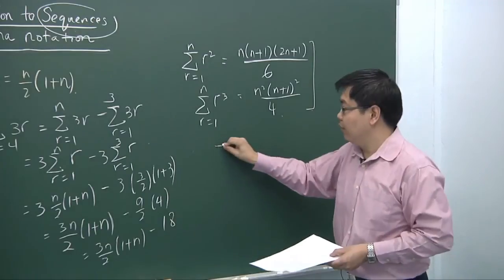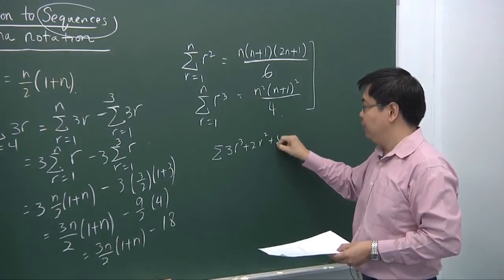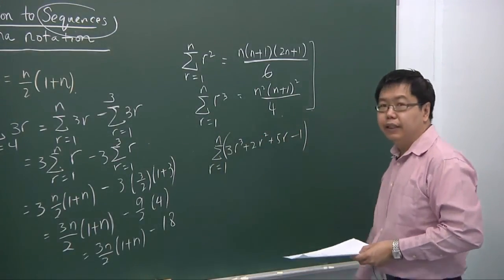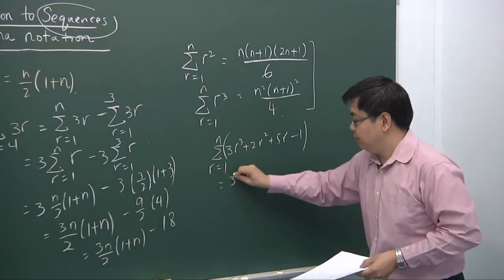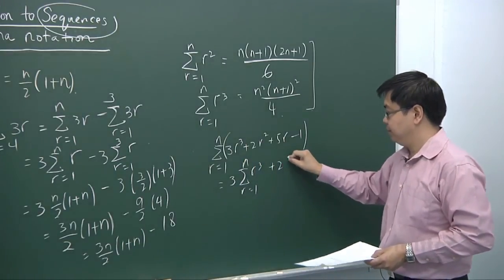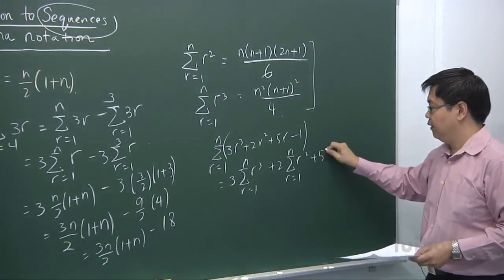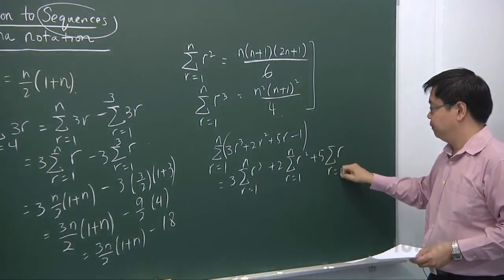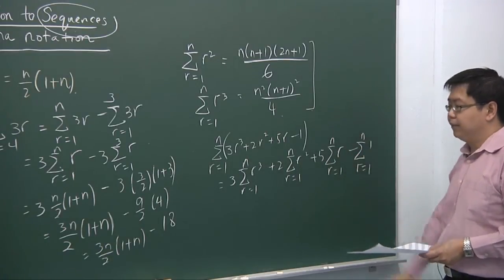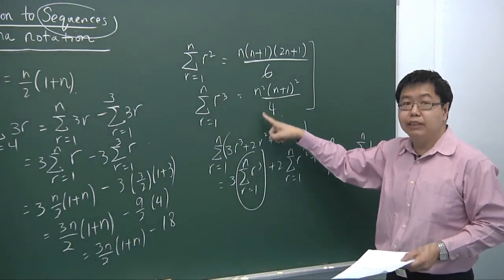For example, if you want to find the summation of 3r cubed plus 2r squared plus 5r minus 1, for example. Okay? You need to know how to split it up in this form. So for the first one, you can then apply this formula to substitute inside.